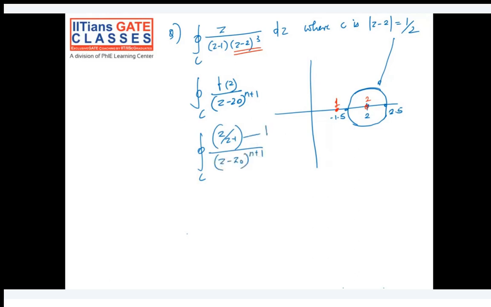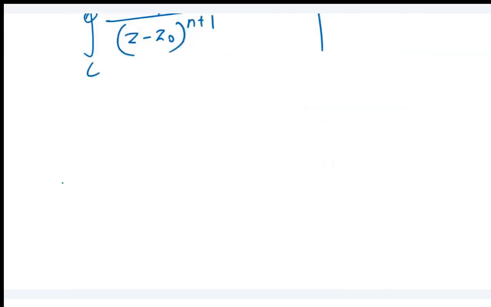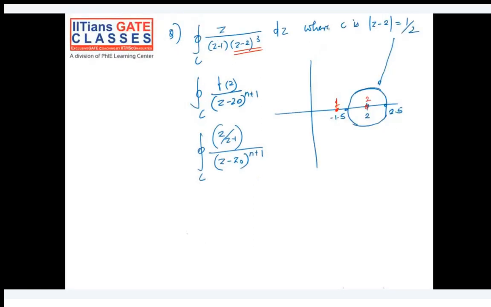Okay, so if you compare this, z naught is 2 here. So z minus 2 raised to the power 3. Using the formula, what is the formula?